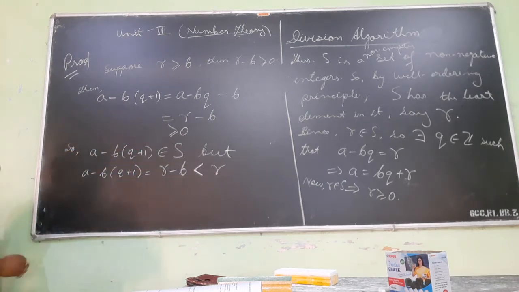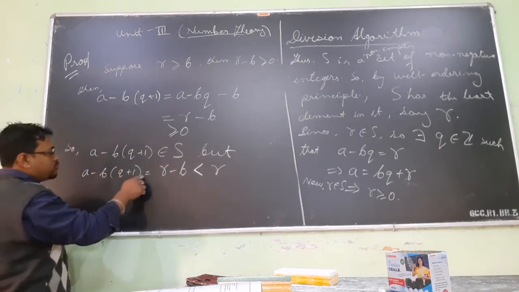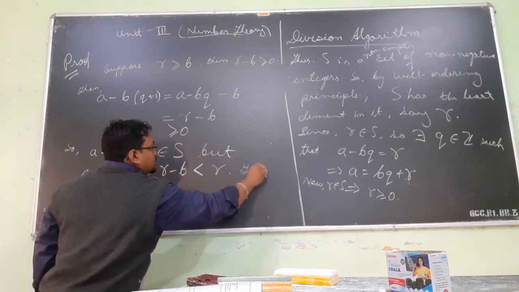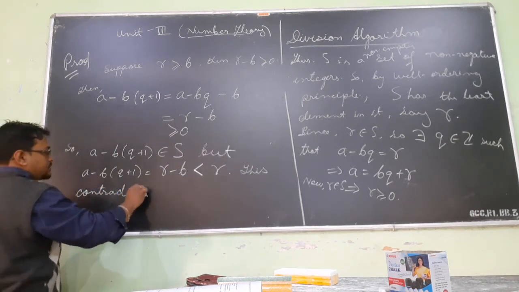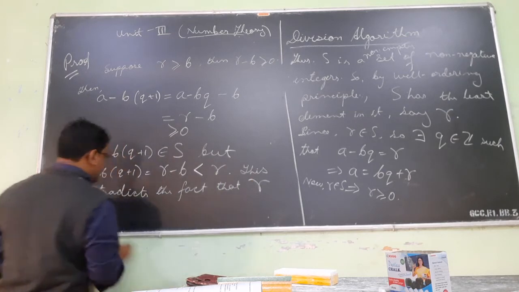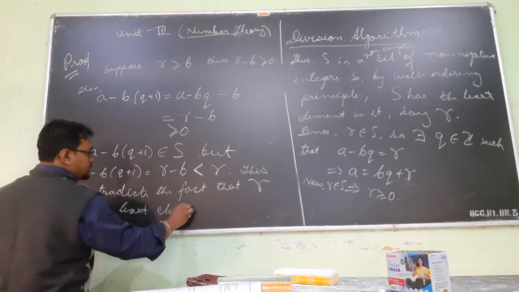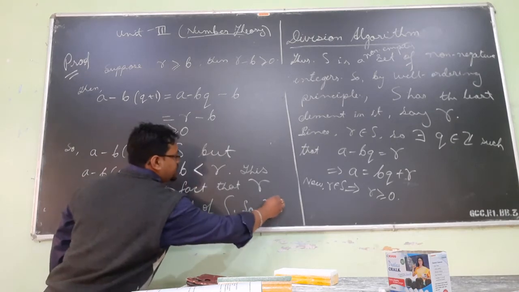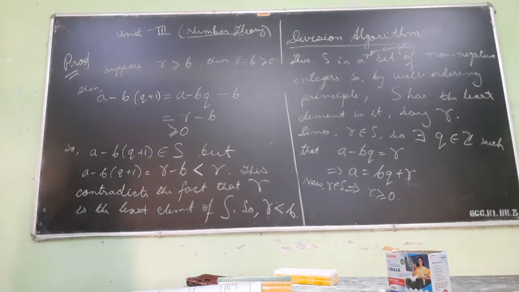A minus B into Q plus 1 is in S, but it is R minus B, which is strictly less than R. This contradicts the fact that R is the least element of S. So R should be strictly less than B.